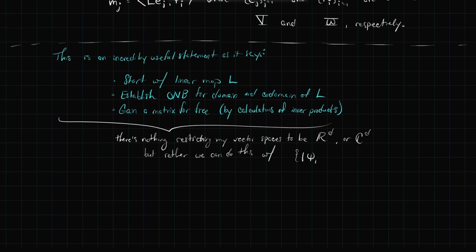but rather we can do this with, well, what was a common one that we keep showing up with in this course, would be like quantum states. These are quantum mechanical states, for example. Or other cases, we could have function spaces. So I'll just write it as a capital F, which is a space of functions.